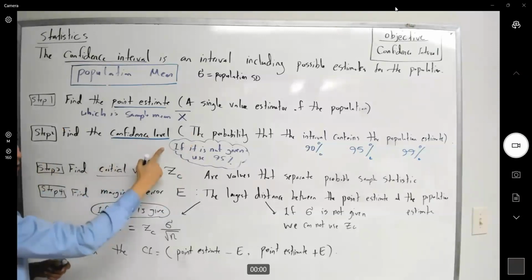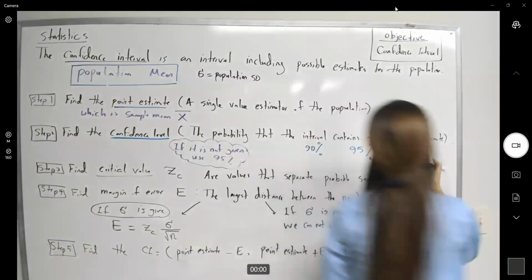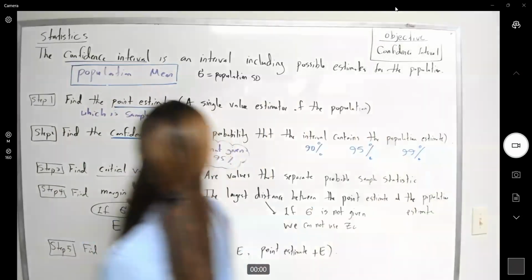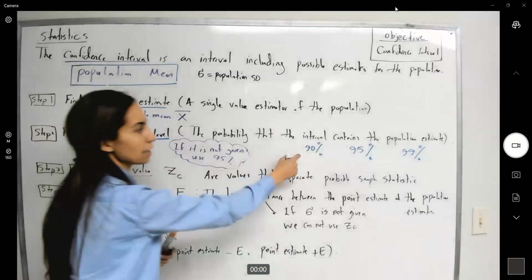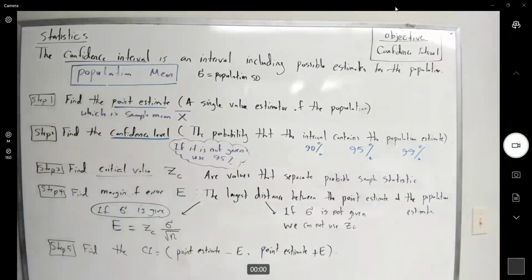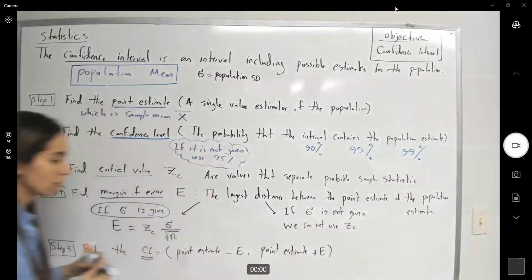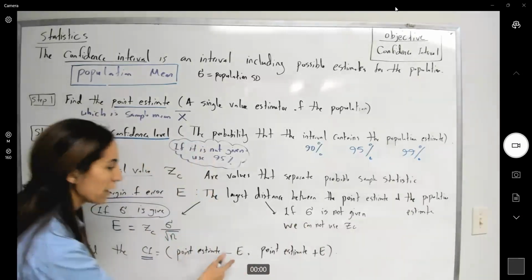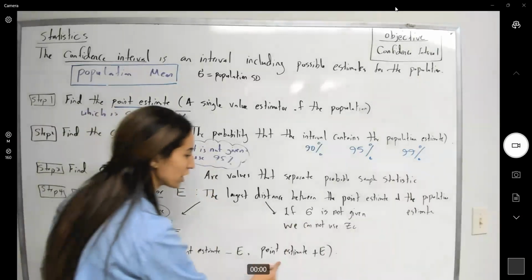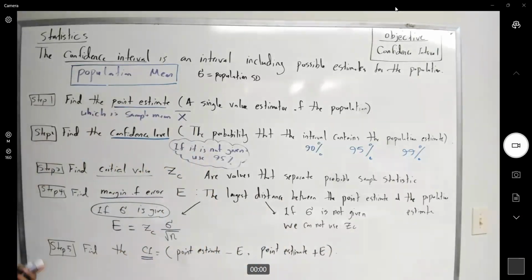Find the confidence level, either 90%, 95%, 99%. Find the critical value associated to each of these confidence levels. And then in step 4, find the margin of error, which is E. If sigma is given, margin of error is ZC times sigma divided by square root of n. And finally, find the confidence interval, which is an open interval: point estimate minus margin of error, comma, point estimate plus margin of error.